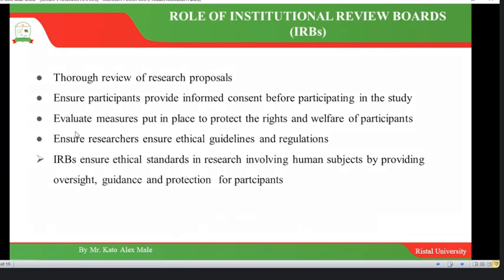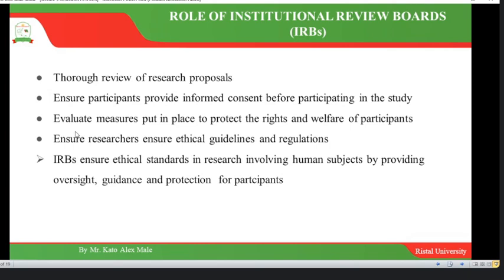Another one is they make sure that researchers follow ethical guidelines and regulations. They make sure that researchers are following the rightful protocol in research. They do not coerce participants. You get it? And anything in line with not following the ethical standards.